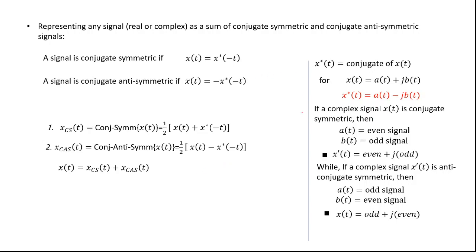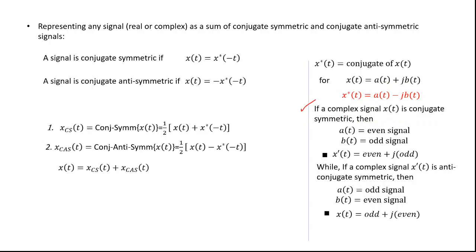Let us see some more properties. Let's say a signal x of t is represented as a plus j times b of t, where a is the real part of the signal x of t and b is the imaginary part of the signal x of t.